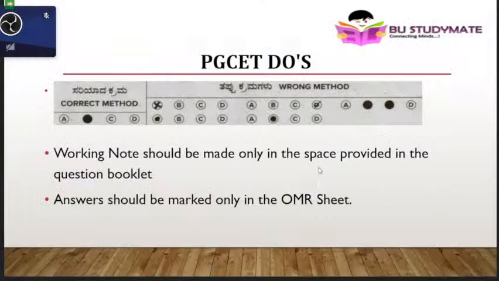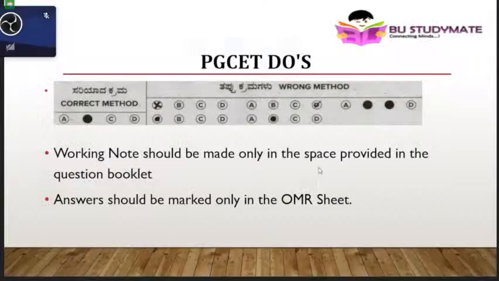You have to use a black ball pen, which is most preferably used, because this is going to be scanned by computer, so it's not manual. So you need to be really aware of how you circle the right options, and do not do it twice or do a tick mark, as all of these are wrong methods. It's already shown on the screen. So just be aware of the right method even before attending the exam.